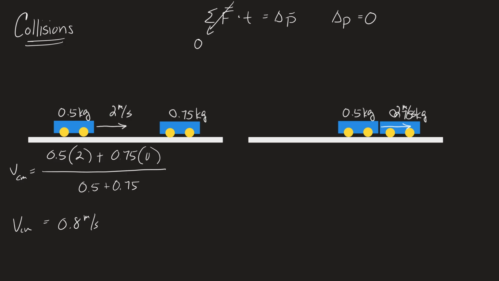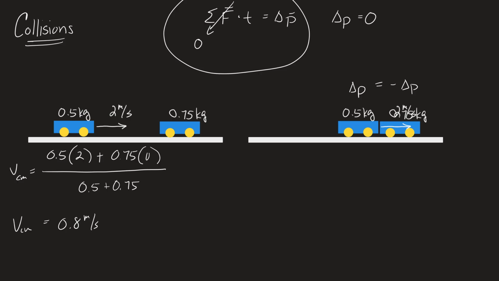If this condition holds, that there's no external force on the system, then the change in momentum for this car has to be equal and opposite to the change in momentum for that car because of Newton's third law. Right? Newton's third law states clearly that there will be an equal and opposite force, and therefore an equal and opposite momentum. I'm sorry, equal and opposite impulse. That means an equal and opposite change in momentum.